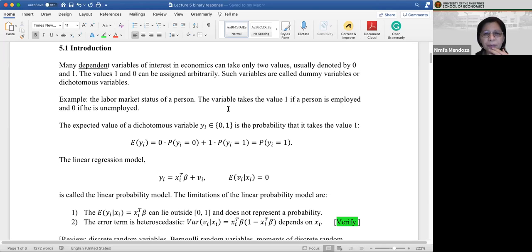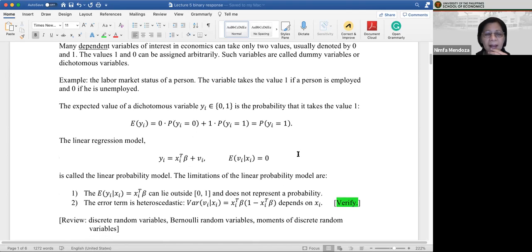The variable takes the value 1 if a person is employed and 0 if he is unemployed. Now the expected value of a dichotomous variable y sub i belonging to {0, 1}, well, it's either 0 or 1, is the probability that it takes the value 1.